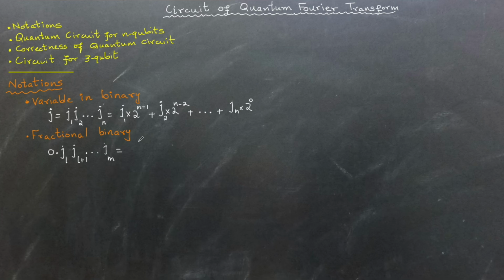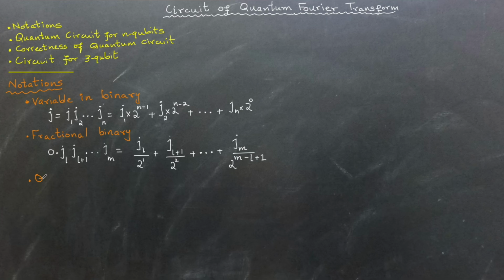This can be expanded as jl divided by 2 raised to the power of 1, plus jl plus 1 divided by 2 raised to the power of 2, and so on until jm divided by 2 raised to the power of m minus l plus 1.